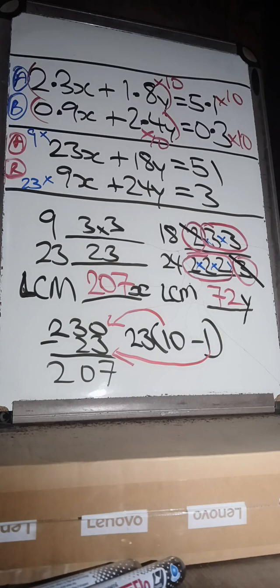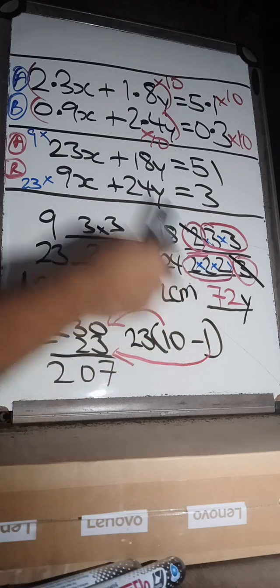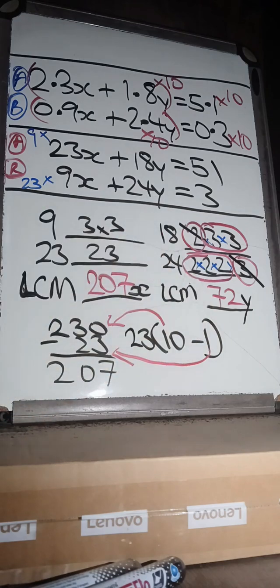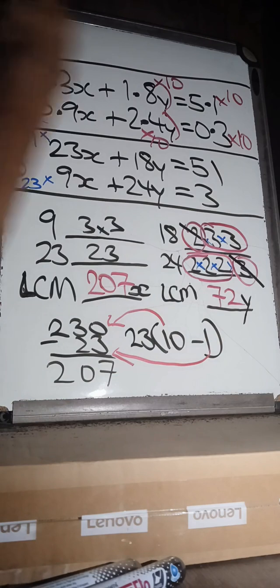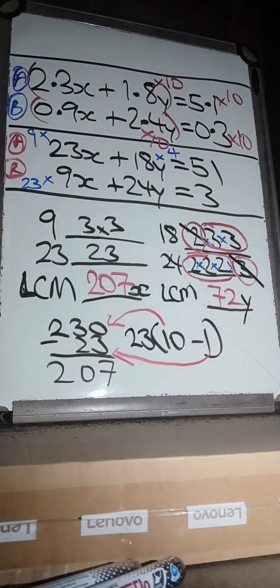So I have to be careful now. I forgot that I never write the 72 in the full form, right? So 18, okay. If you separate the 18 from everything, you're left with 2 by 2, so 18 is multiplied by 4. So you multiply the 18 by the 4, and then the 24 you multiply by the 3.